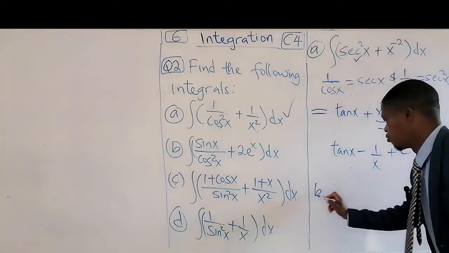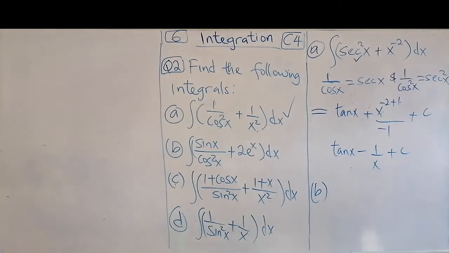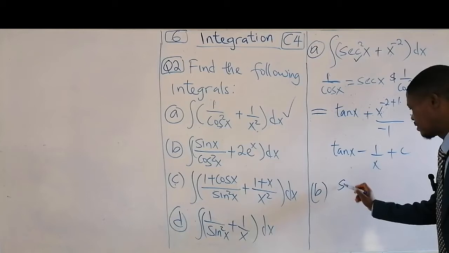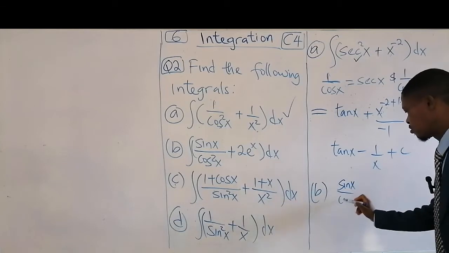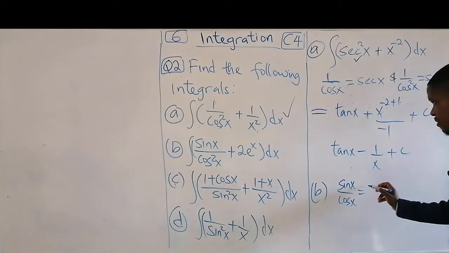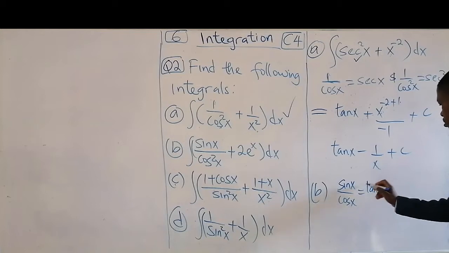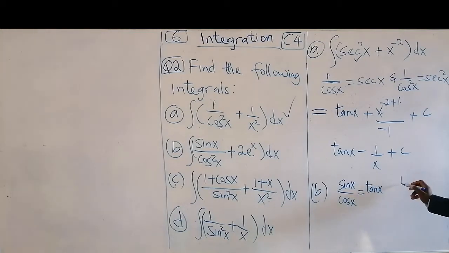Then we go to question 2, which is B. Note that sine over cos is tan x, and also note that 1 over cos is sec x.